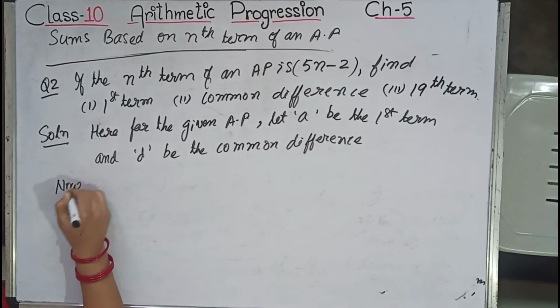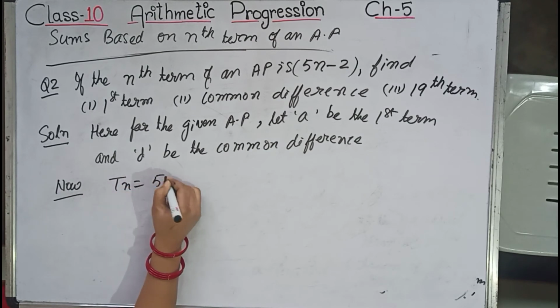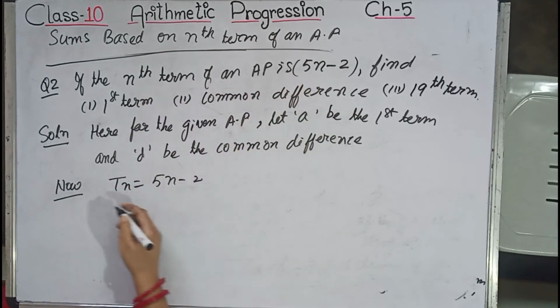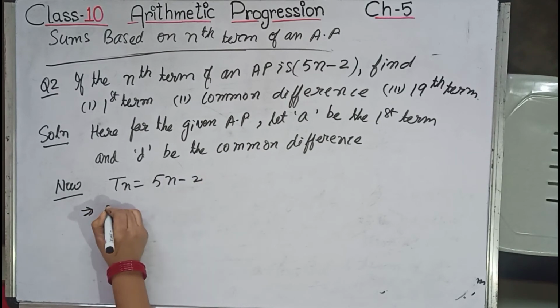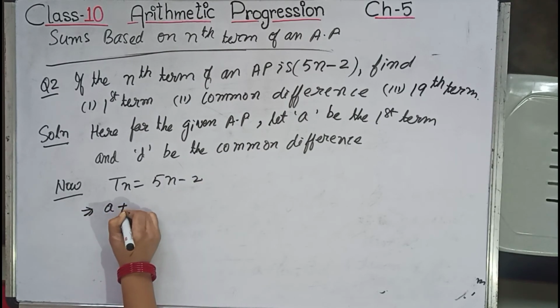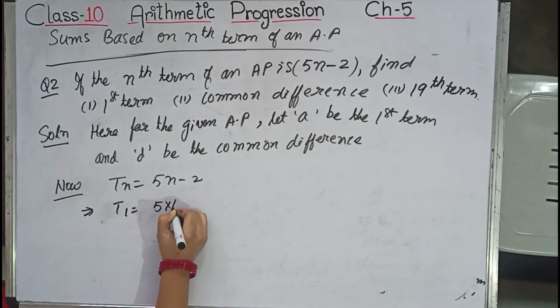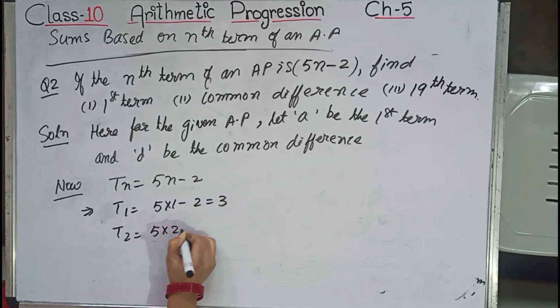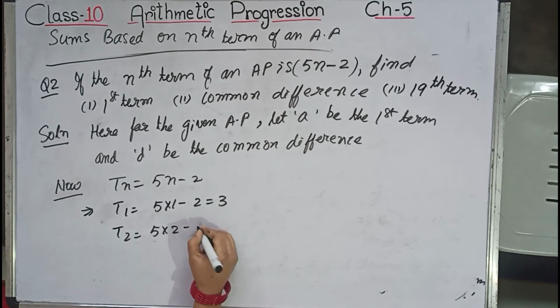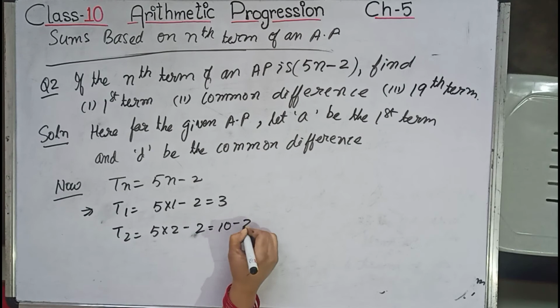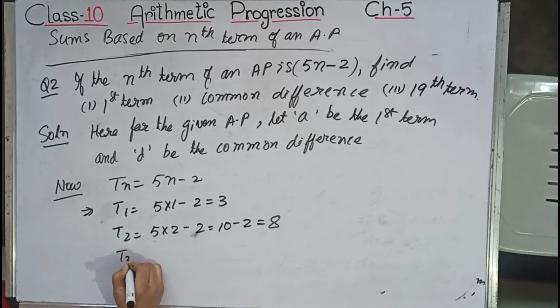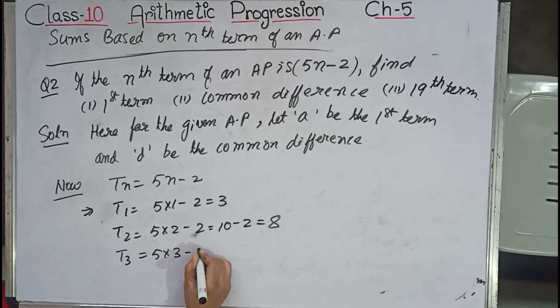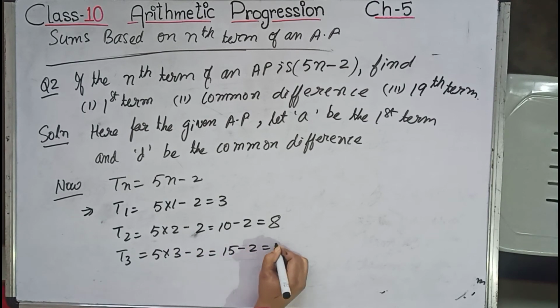Now, Tn equals 5n minus 2, the nth term of an AP. So this implies T1 equals 5 into 1 minus 2 equals 3. T2 equals 5 into 2 minus 2 equals 10 minus 2 equals 8. T3 equals 5 into 3 minus 2 equals 15 minus 2 equals 13. So I think we have got the series.